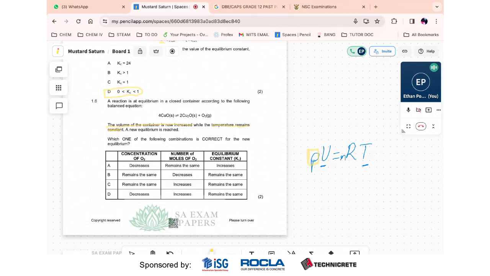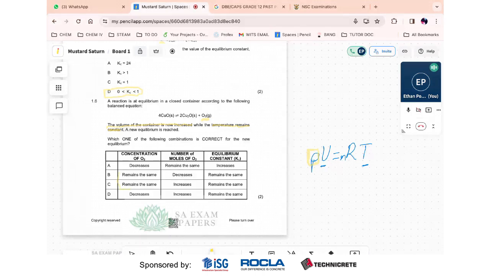So there's only one gas in this equation, and that's oxygen. So if the volume of the container increases, there would definitely be more gas. So the equilibrium would shift in order to release more oxygen. But because the temperature remains constant, the concentration of O2 would stay the same.